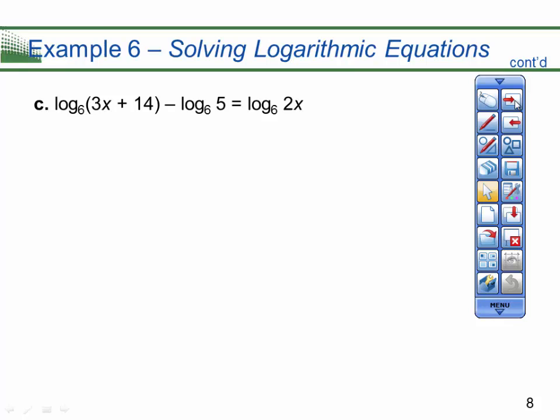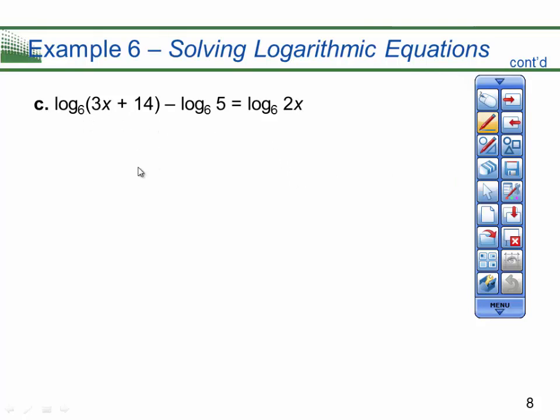Let's try another one. This is log base 6 of something minus log base 6 of something else equals log base 6 of some third quantity. So let's try to simplify this.